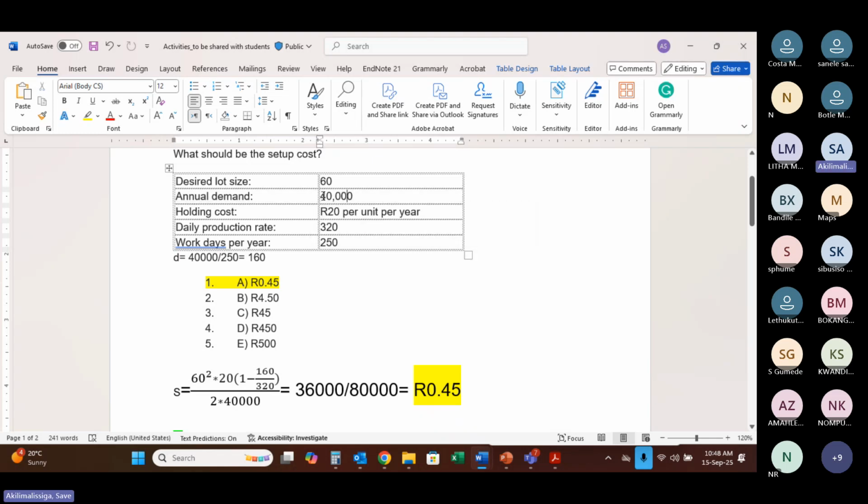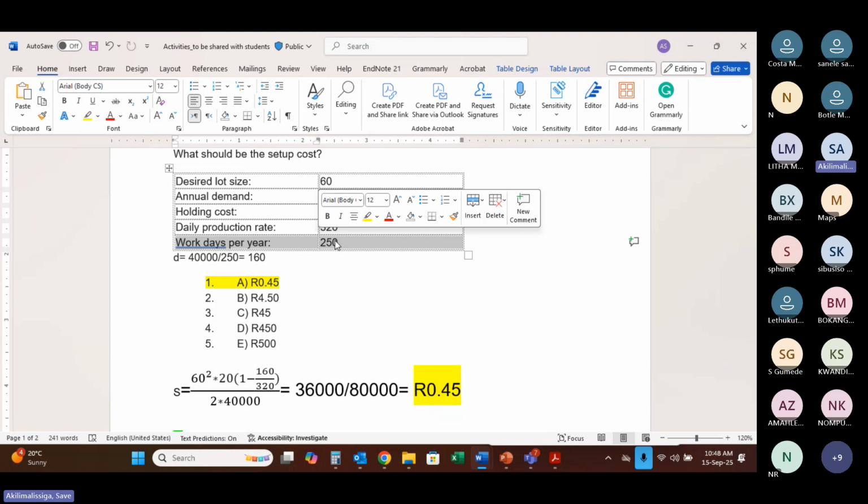If the company can supply 40,000 units in 250 days, how many units of demand is the company able to supply per day? That's why you take 40,000 units divided by 250 days, and that gives you the number of units that the company supplies on a daily basis. That's the reason why we divided. I hope that is making sense.